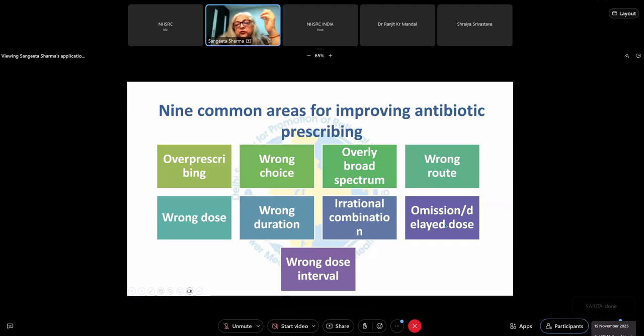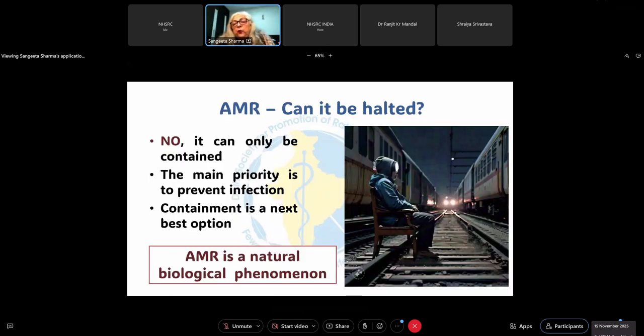Delayed doses endanger the minimum inhibitory concentration of the antibiotic in the blood, which will go down and make the bacteria start multiplying again. So wrong dose interval, we don't think about it, but this is also a very important reason for the spread of antimicrobial resistance.